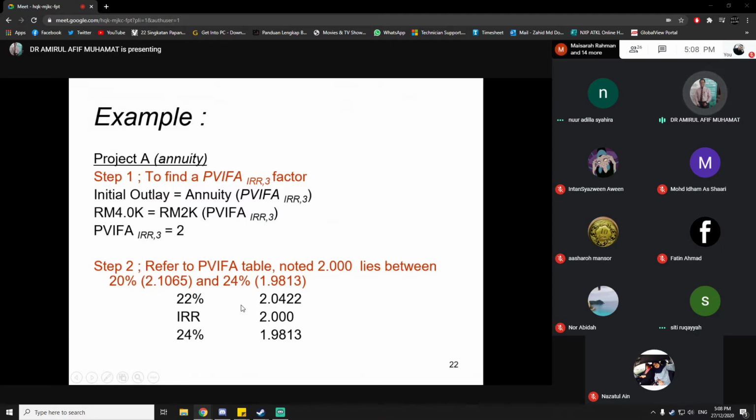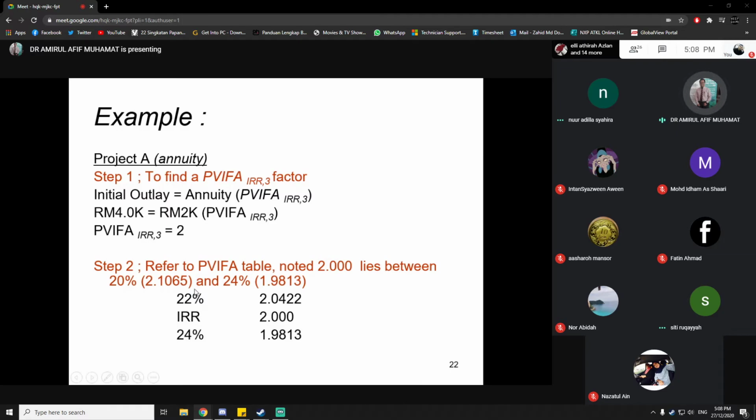Tapi you kena cari yang betul-betul bersebelahan dengan dia. Kalau katakan 2.00, you boleh kata dia ni 20%, you boleh gantikan 22% ni dengan 20%. But that is not accurate, dia tak tepat. So you kena cari faktor yang terhampir. Faham? So yang terhampir here is 22 and 24.